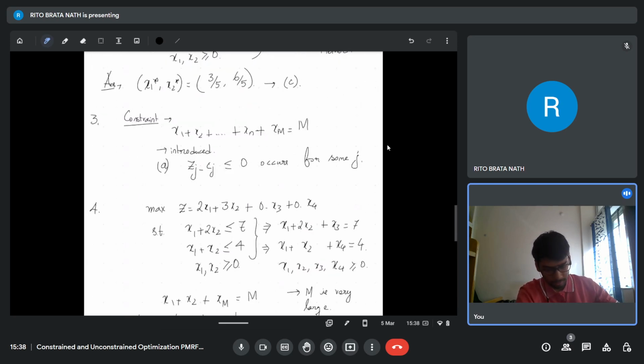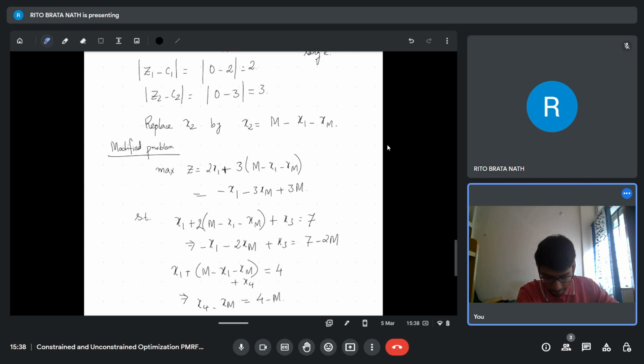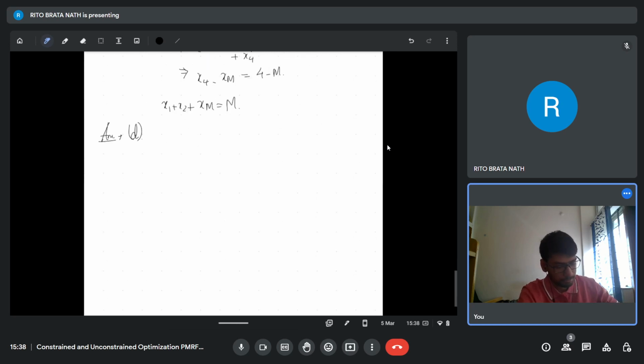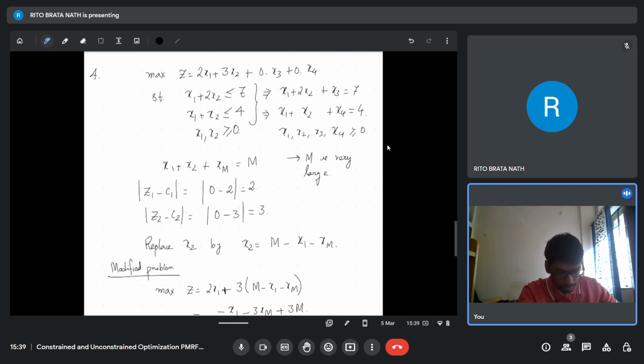Okay, so that's all about the fourth one. So now you are asked to solve the optimization problem using the dual simplex method. And again, I'm not going to solve it because you can do it using the similar method, or you can use Excel to solve it. So this problem 5, you can even do it in the graphical method if you want.